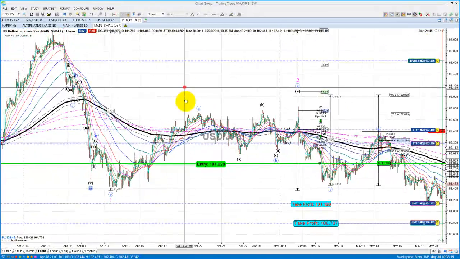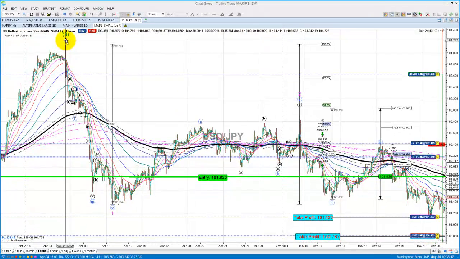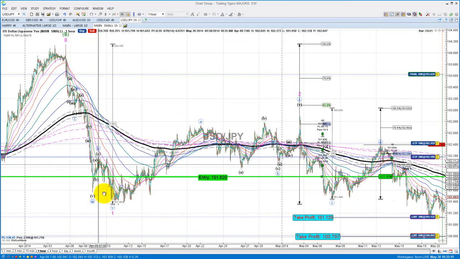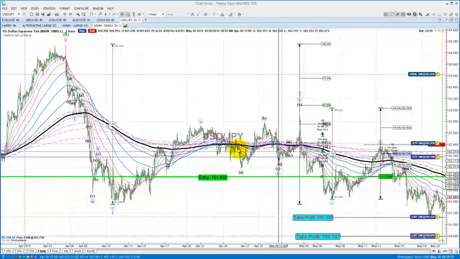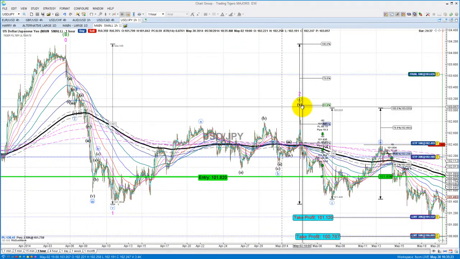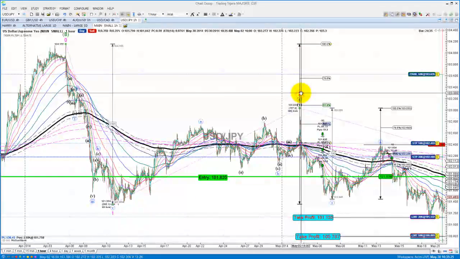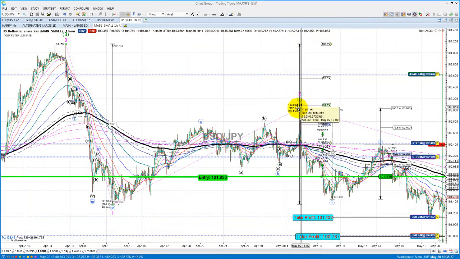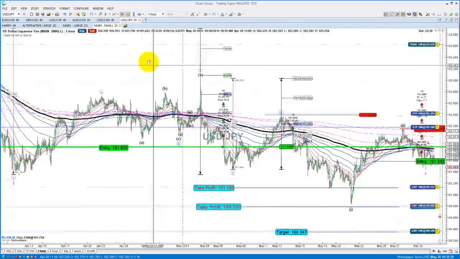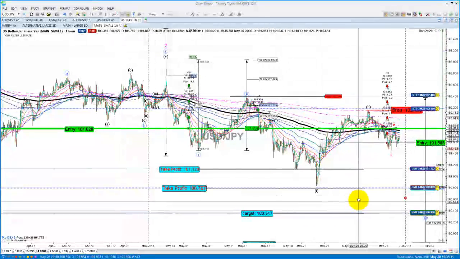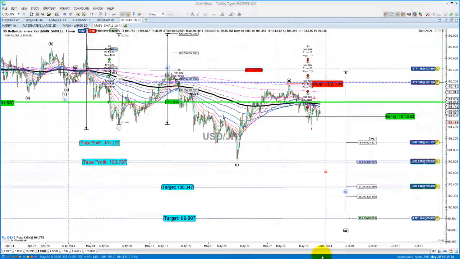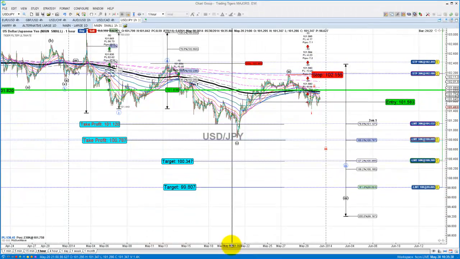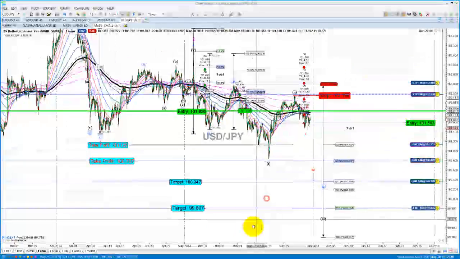There's the minor wave in pink, minor degree, so 0, 1, and the 2 came up to the 61.8% Fibonacci level, and we're in a wave 3 down, and that's the wave 3 that we're trying to capture. So let's zoom in so you can have a better look of where we stand.